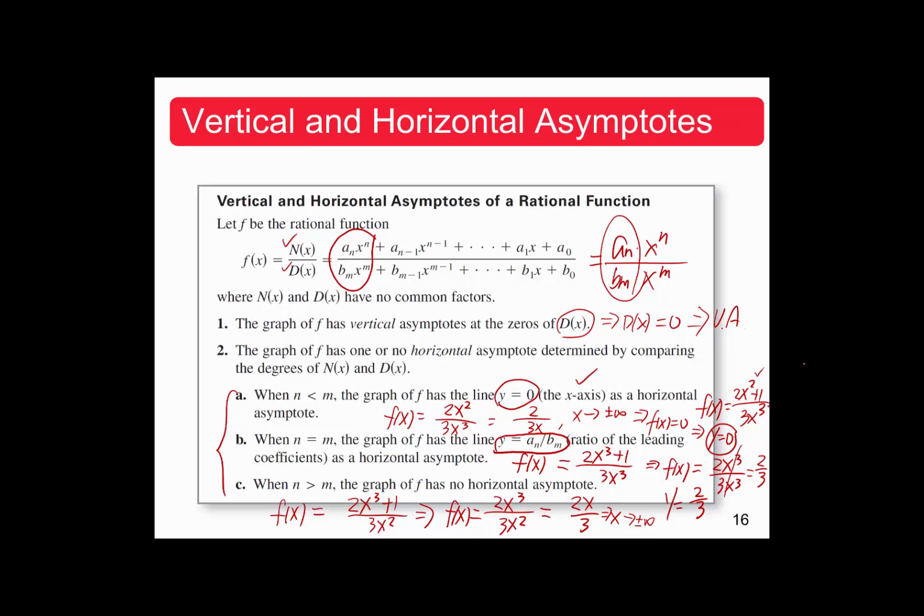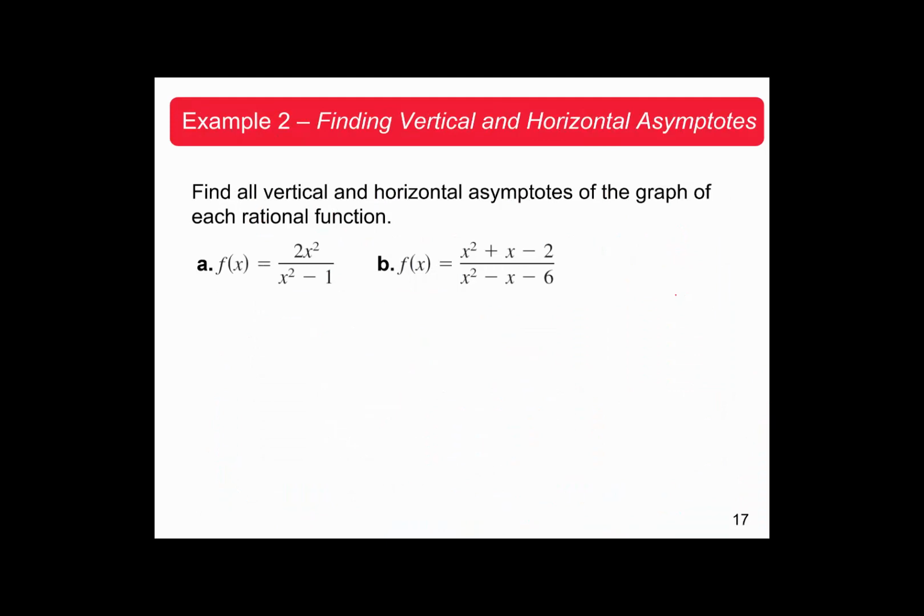So the limit does not exist, and that's why we say there's no horizontal asymptote here. So the comparison of the power on the numerator and the power on the denominator will determine the horizontal asymptote. There are three general scenarios you should follow to find that.